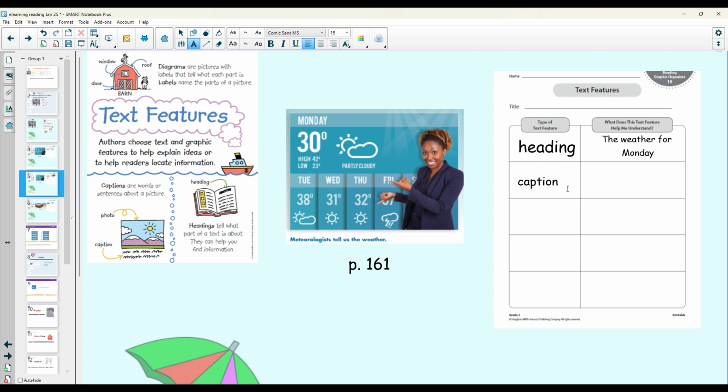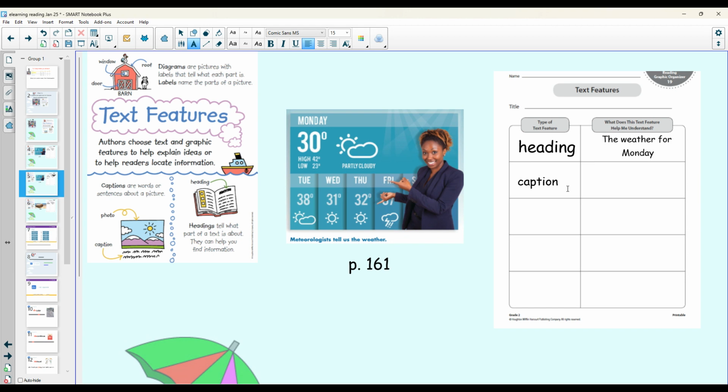And let's read what the caption says. Meteorologists tell us the weather. Okay. What does this caption help me understand? Does this caption help me understand the weather? No. Does this caption help me understand the outfit that the meteorologist is wearing or where she bought it?